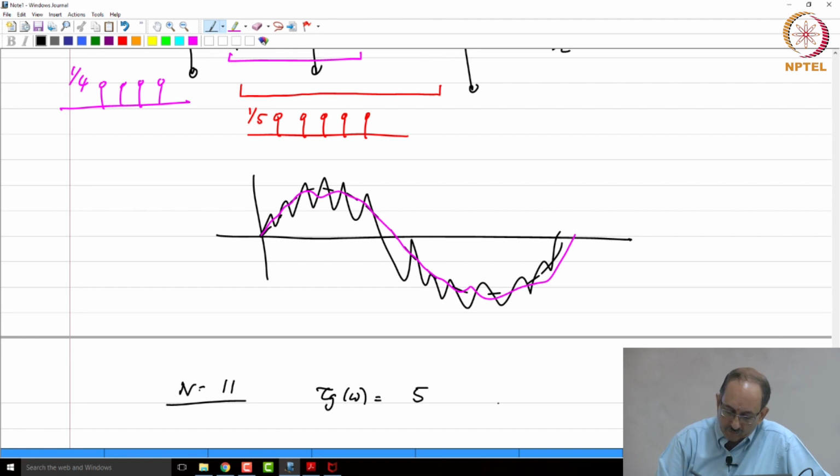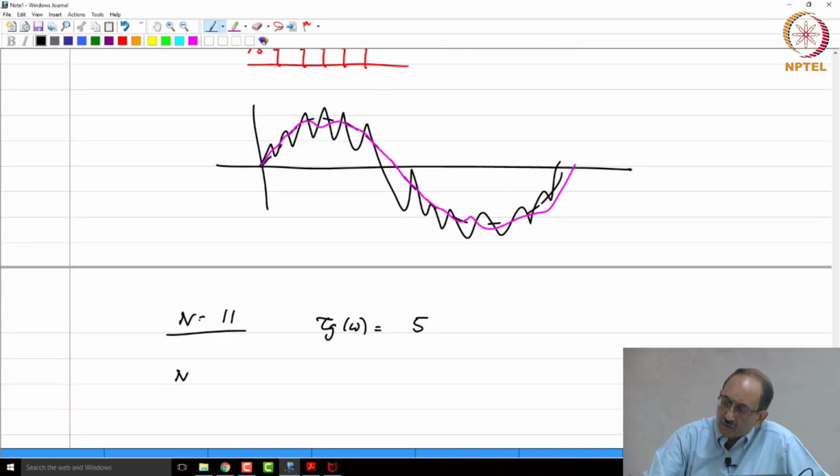On the other hand, suppose you take N equal to 10. In this case the delay is 4.5. If you now take the cleaned up signal and try to align it with the input, no integer shift will make you align with the original signal.